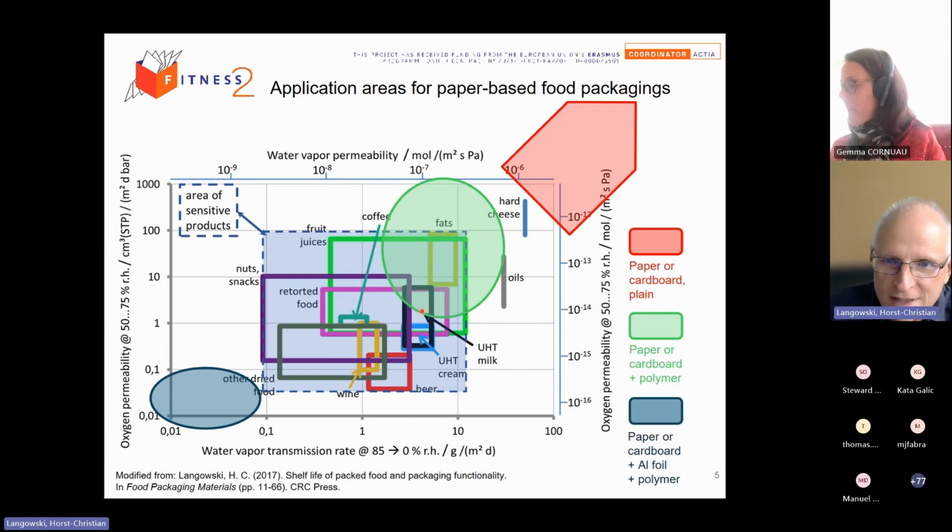But you see that these also do not cover the most sensitive area of food. And we have the paper and cardboard with aluminum, which is nearly a perfect barrier in spite of the holes and defects you get upon sealing. I will talk mainly about these because this is no problem for us.